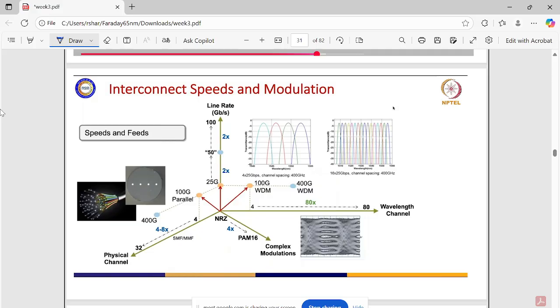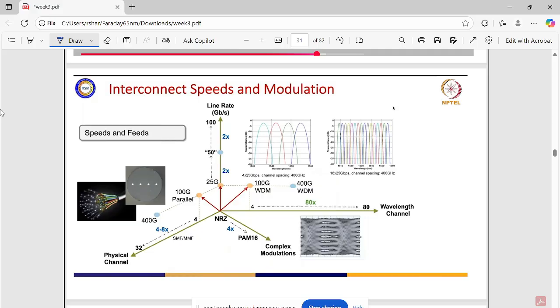Next, we can use multiple physical channels when we connect two systems together. Say going from normal RJ45, there are four twisted pairs, unshielded twisted pairs. There are four pairs of copper.